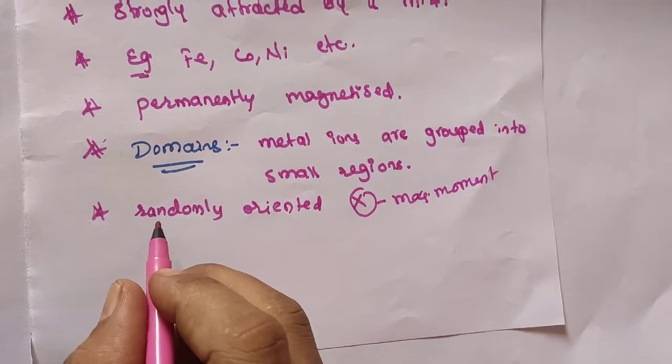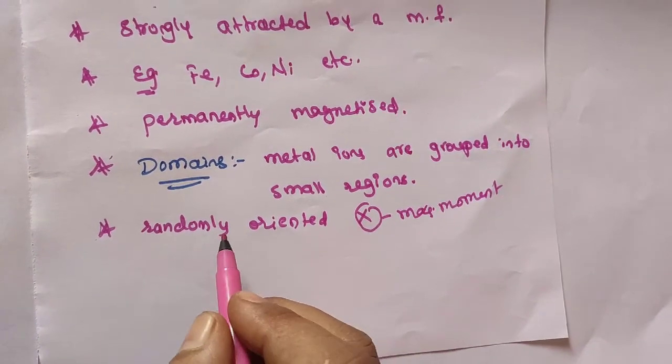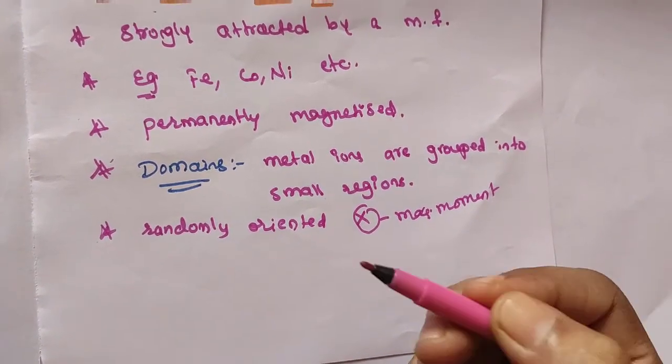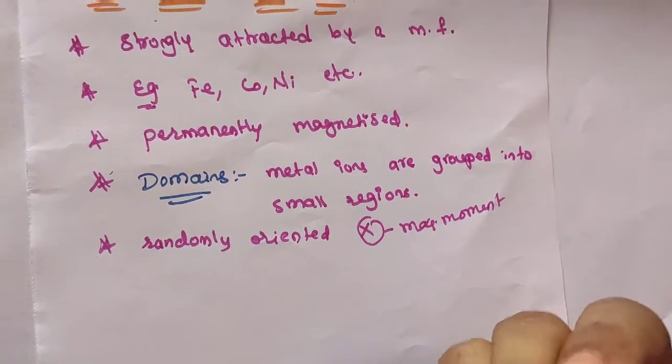Similarly, in a magnetic field, these domains are oriented in the direction of the magnetic field, hence a strong magnetic effect is produced.